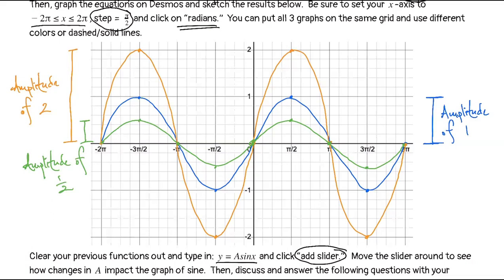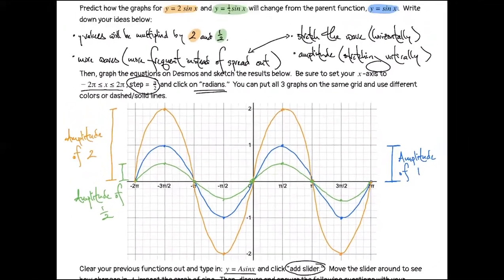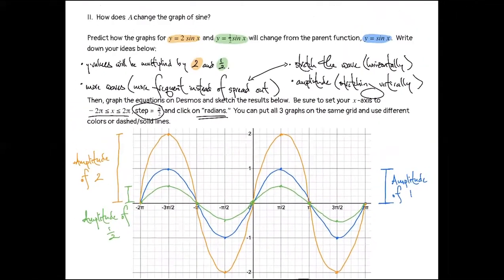Well, hang on a second. Those numbers are pretty familiar. In fact, wasn't 2 the number in front of sine and 1/2 the number in front of sine? Sure was. So this 2 tells us about the amplitude of the wave. And this 1/2 tells us about the amplitude of that wave.